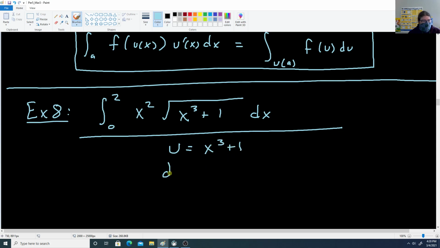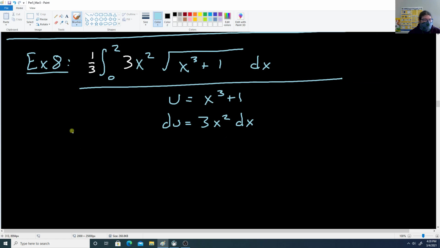Then du is the derivative of x cubed, 3x squared, and the plus 1 goes away, so du is 3x squared dx. I have my x squared but I'm missing a 3, so I put a 3 out front, and I need a 1/3 out here to balance out the 3.